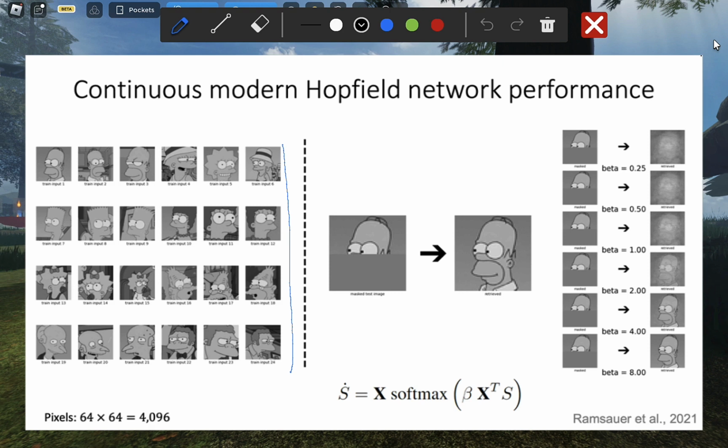So if beta is high, then we're going to recall this pattern more precisely, but if it's not, then we're going to smooth out and average across more of these patterns. That's a sort of imprecise way of talking about the energy landscape, which we're going to talk about in the next slides.